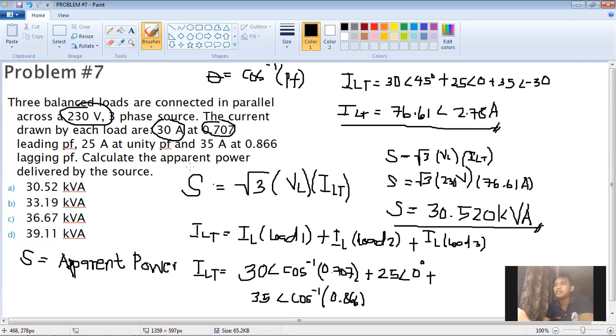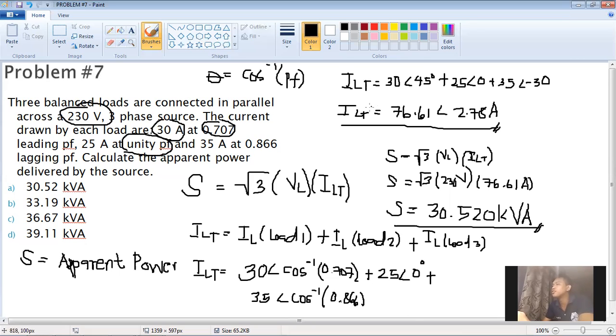Why angle 0 degrees? Because it's a unity power factor, meaning at 0. And for load 3, that will be 35 amperes angle of cos^-1 of 0.866, lagging power factor.